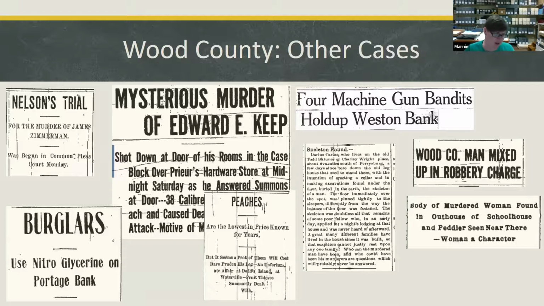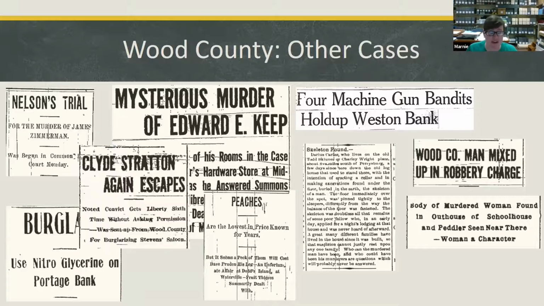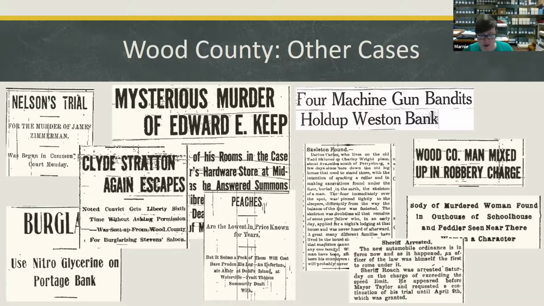Lots of other bank robberies other than the ones I talked about today. And sometimes when they did arrest criminals, they would escape and then manhunts would ensue. Sometimes the local law enforcement got in trouble. This one's just for speeding, so he didn't get arrested or anything.